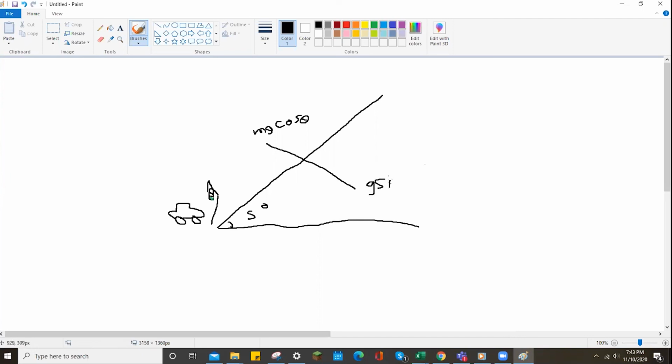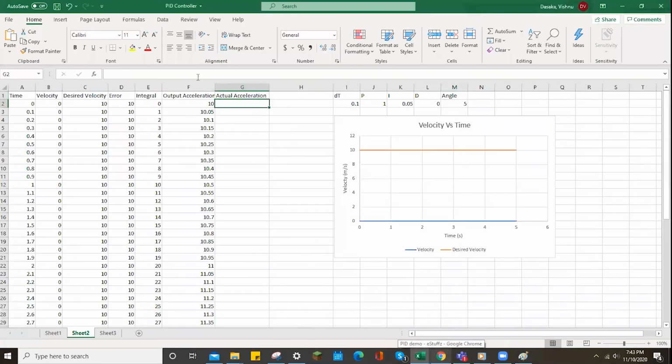Right. So it's just g sine theta, which is the force of gravity on you when you're on an angle. And so here, the output acceleration is the acceleration if you're on flat land.